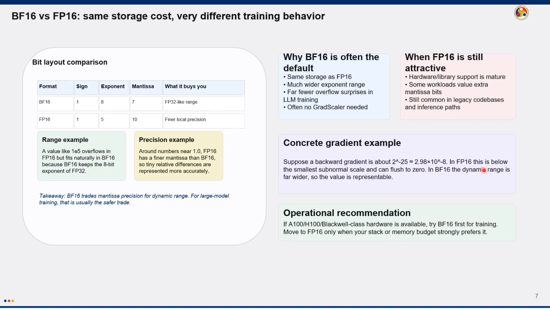In BF16 the dynamic range is far wider, so the value is representable. So you need to know exactly what the target system is, and whether your system supports the full BF16 dynamic range or not.